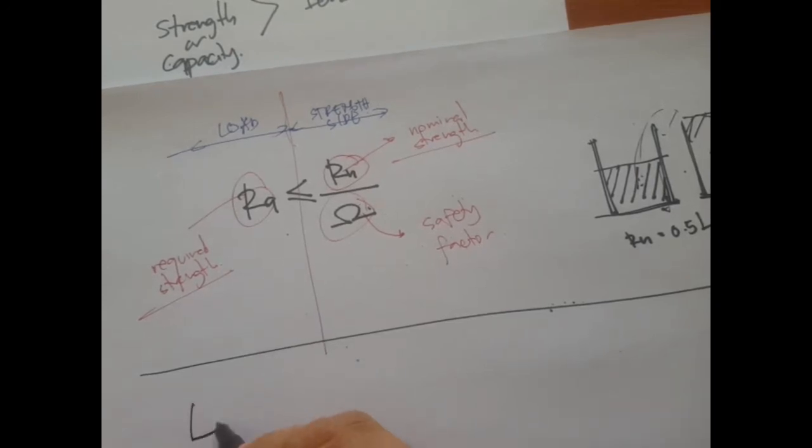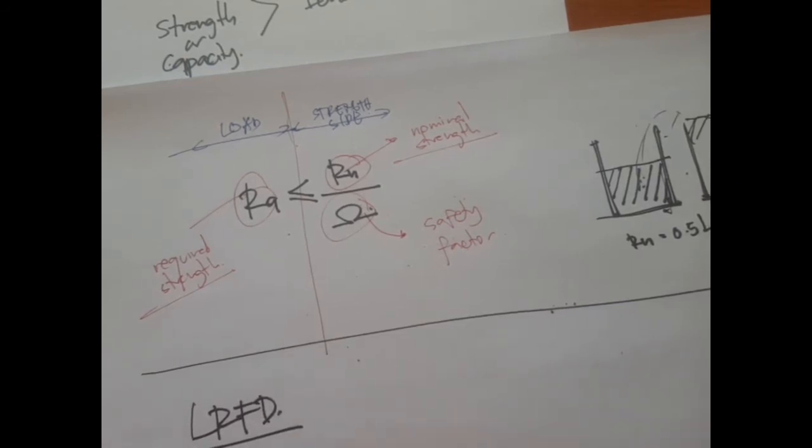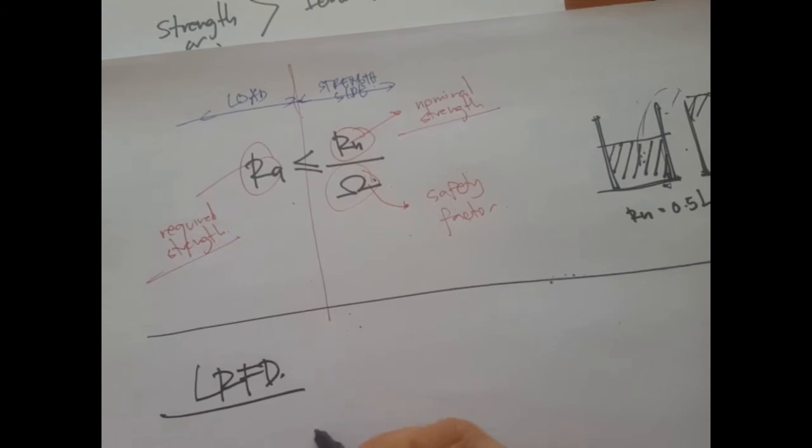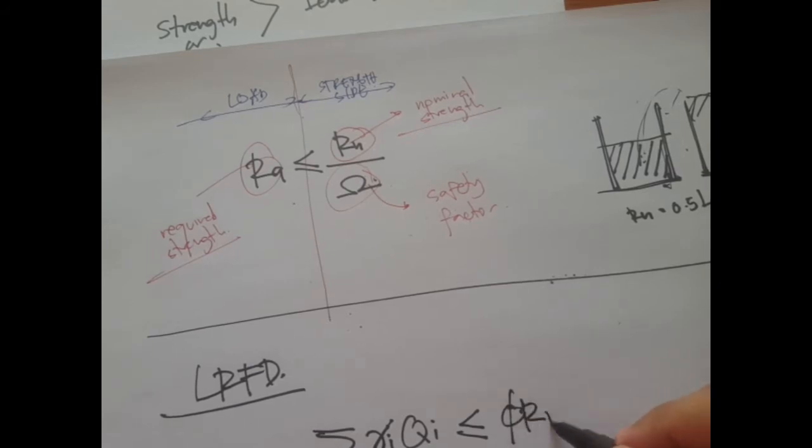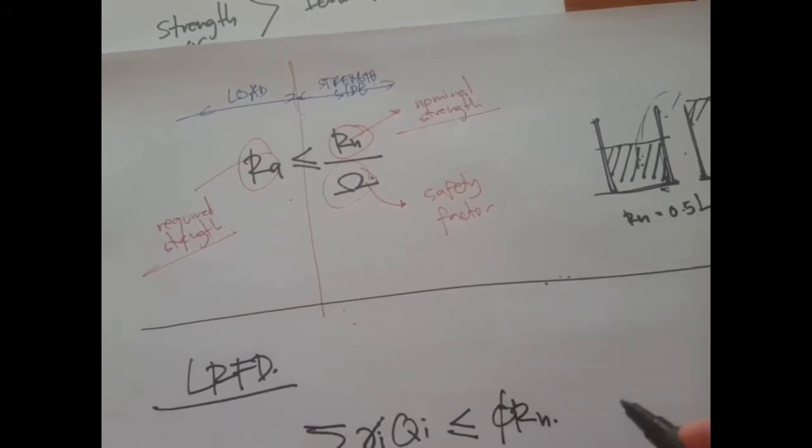So the LRFD, if we put it in a mathematical expression, is going to be, let's say I forgot the Greek letter, let's just say this is gamma i, and then Q i, must be less than phi Rn.